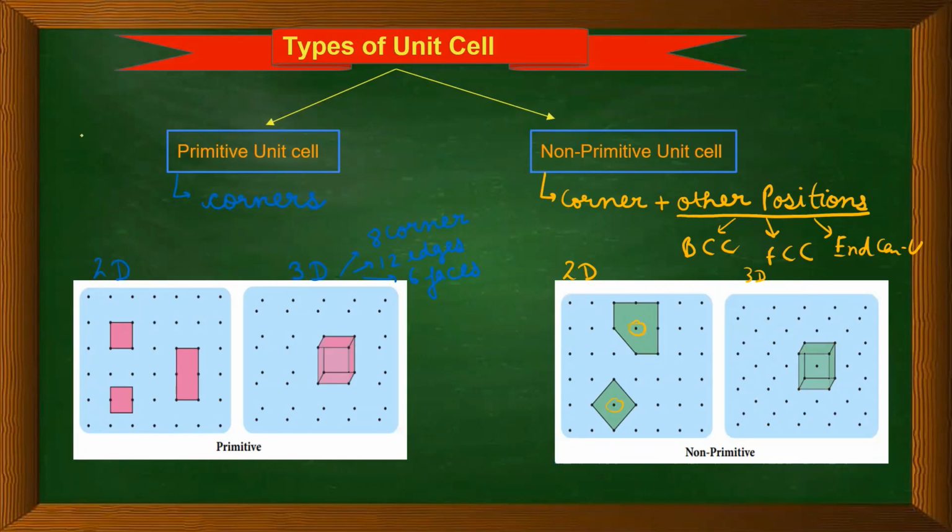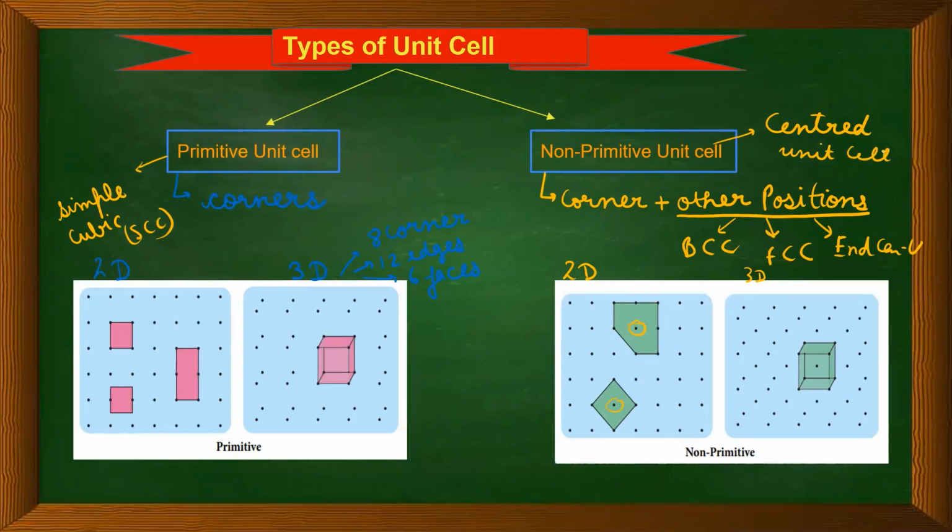Now, primitive unit cells are also known as the simple cubic unit cell, SCC. And the other name for the non-primitive unit cell is the centered unit cell.